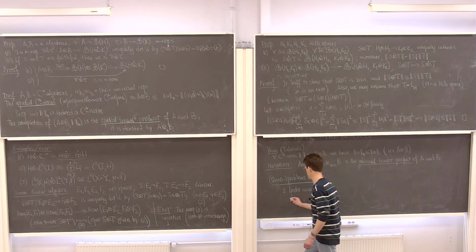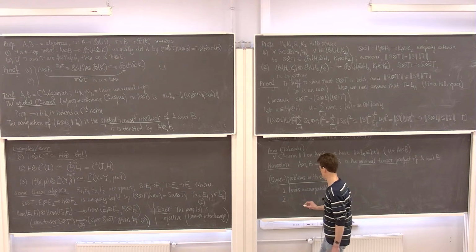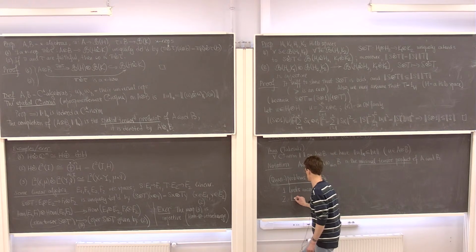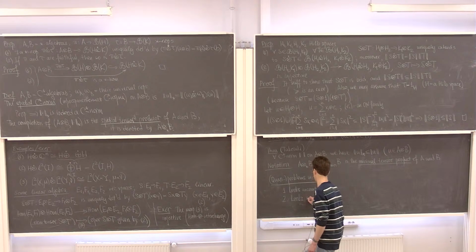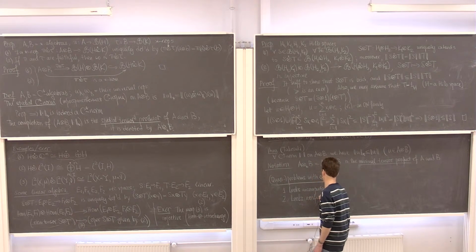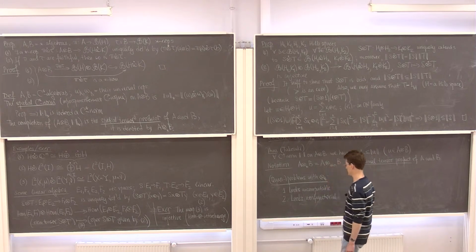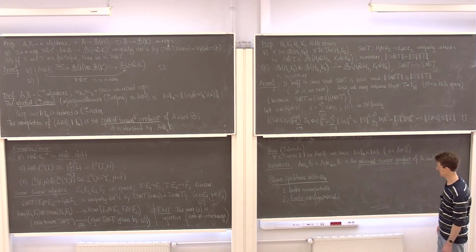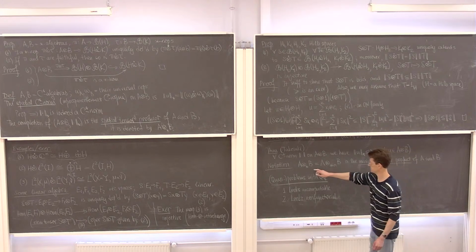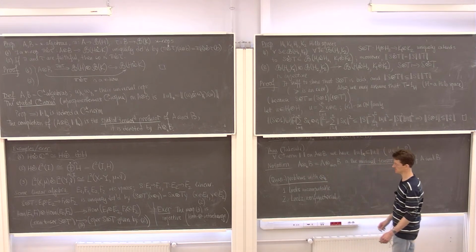And the second quasi-problem with the spatial tensor product is that it looks non-functorial. Indeed, it would be good to have a functor of two variables, A and B, on the category of C-star algebras.